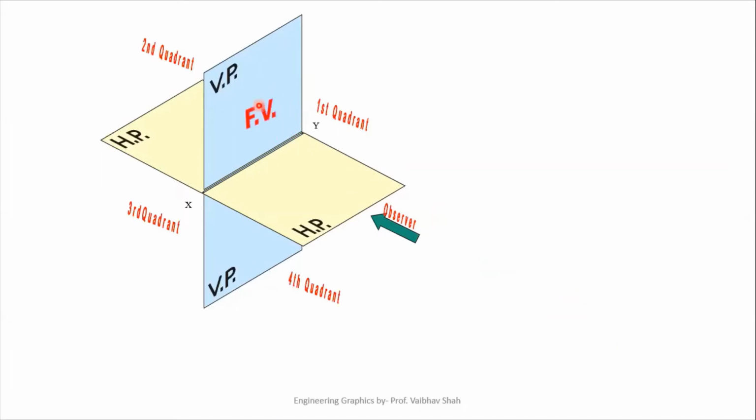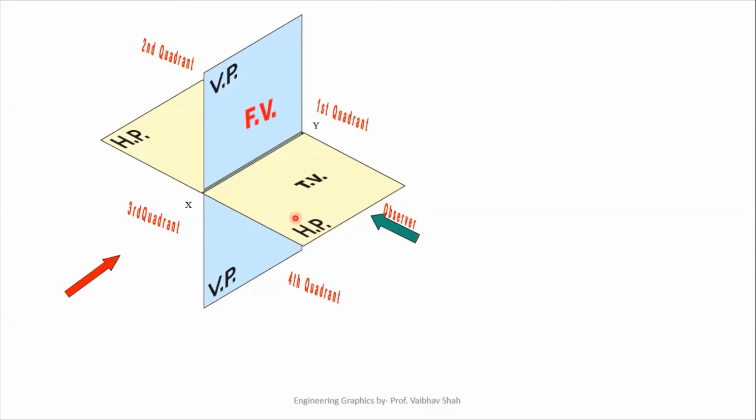If we observe the object from its top direction, we can have its top view here in HP. Always remember, you can have the front view always on the vertical plane and the top view of any object on the HP, means horizontal plane.